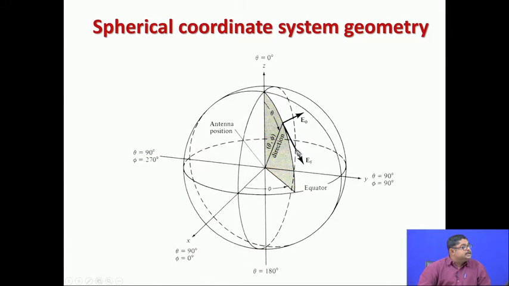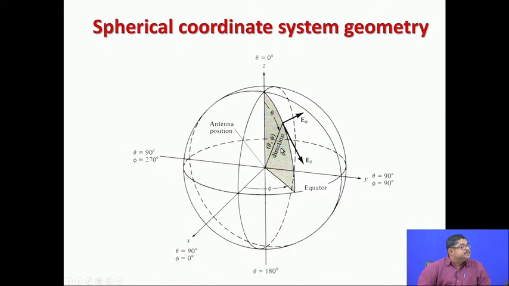Now we come to one of the measurements we have already seen in these chambers or antenna ranges: the first thing is we want to have a pattern measurement. For pattern measurement we have seen that spherical coordinate geometry is required, and basically it is a 3D pattern, but generally we are interested in the principal plane patterns.